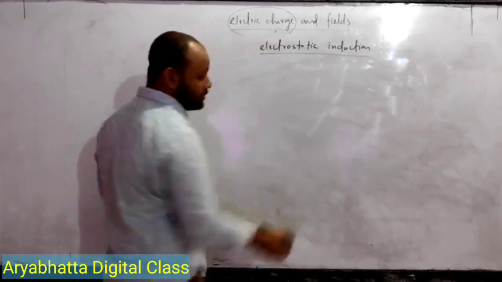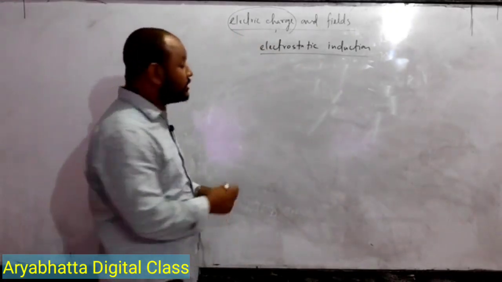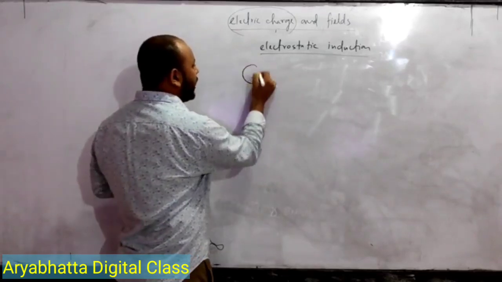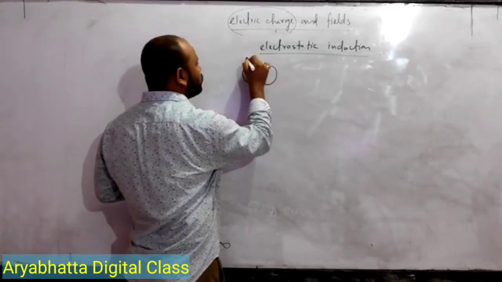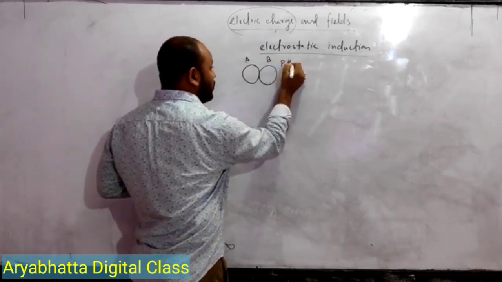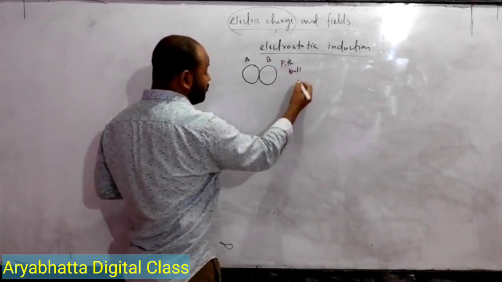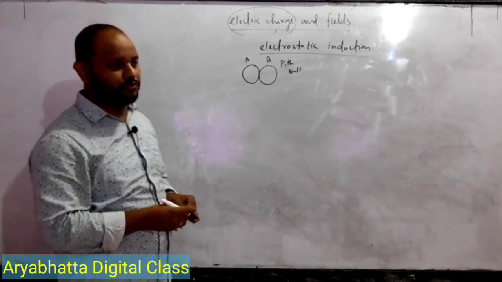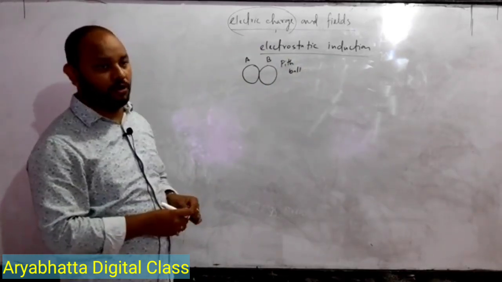Suppose we have considered two conducting balls A and B. These are the two conducting balls, or you can say pith balls. Pith balls are very small in size and their weight is very small. That is why they are known as pith balls.